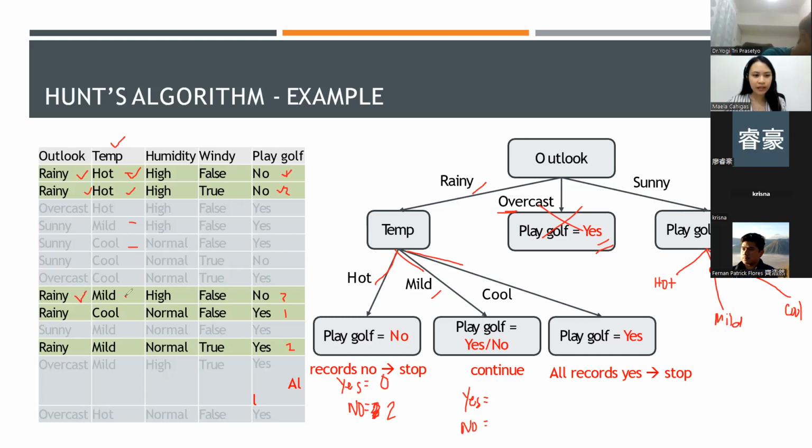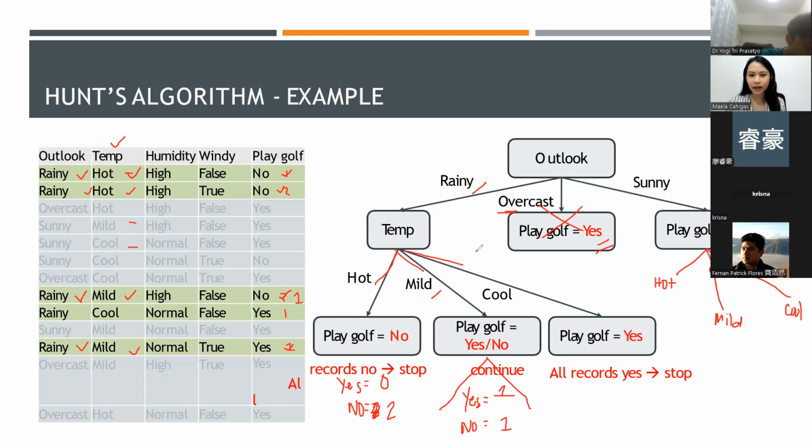So rainy, mild, and no, we have one. How about for this one? Rainy, mild, and yes. So we also have one yes. So if we have both values for all of these classes, then we still have to branch out this one.